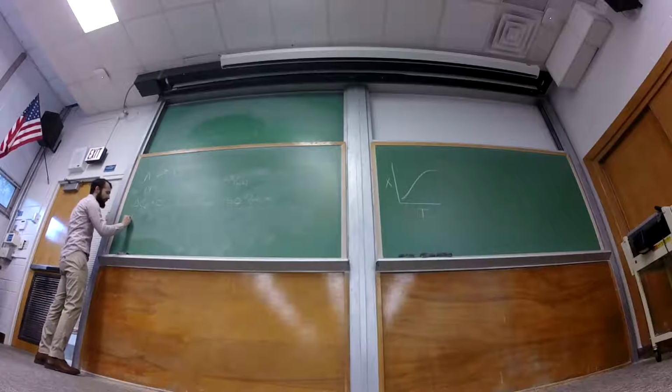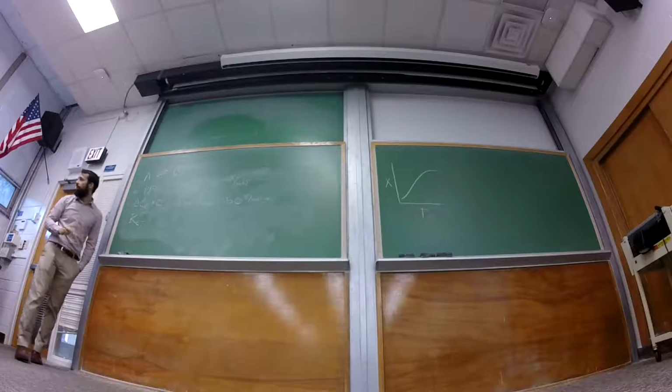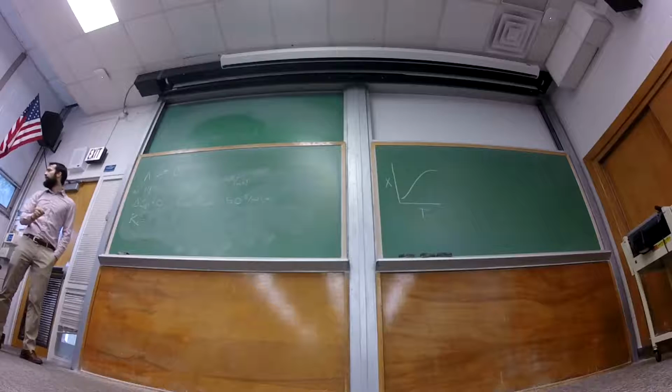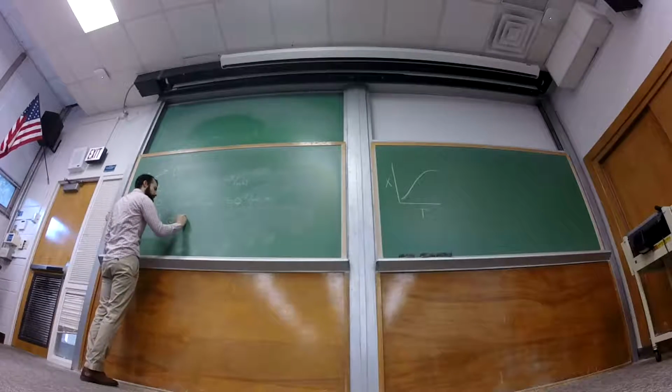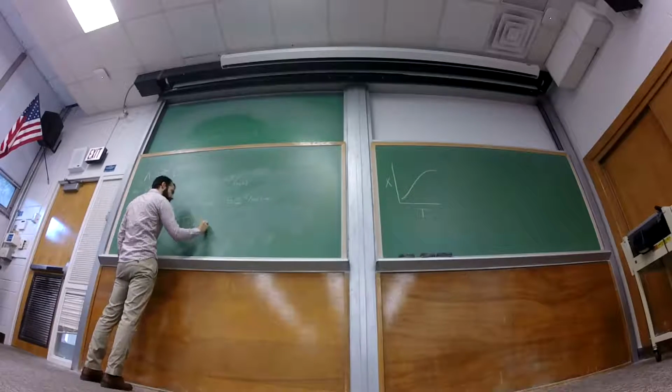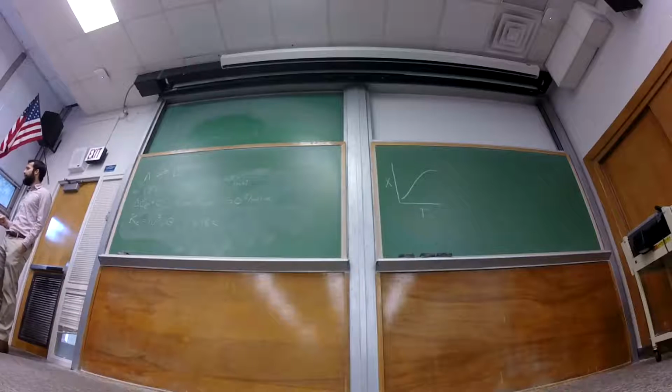And then finally we're given that the equilibrium constant is 10 to the 5th at 298 Kelvin.